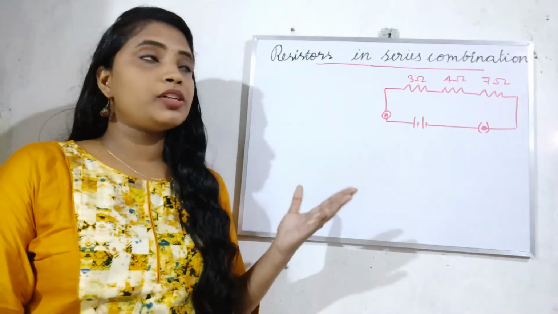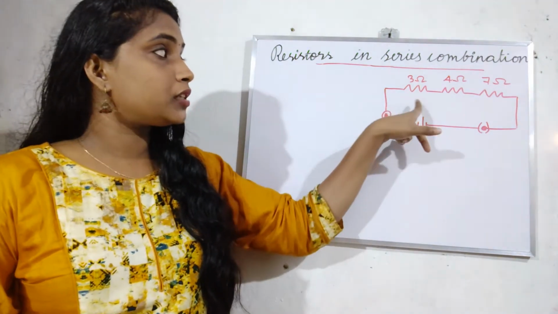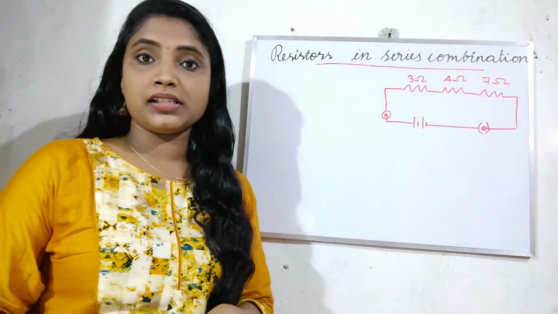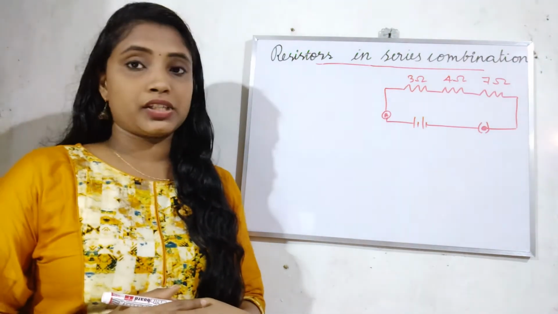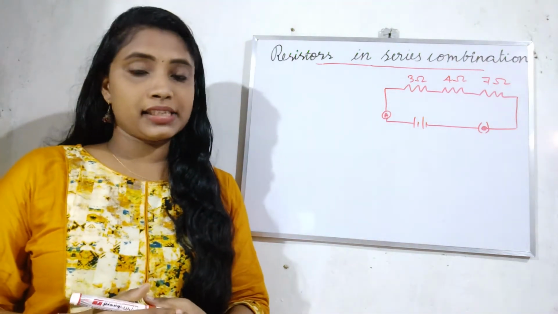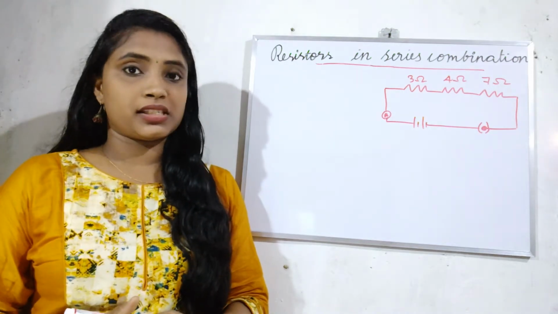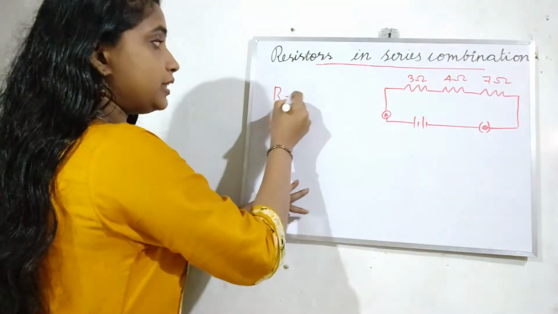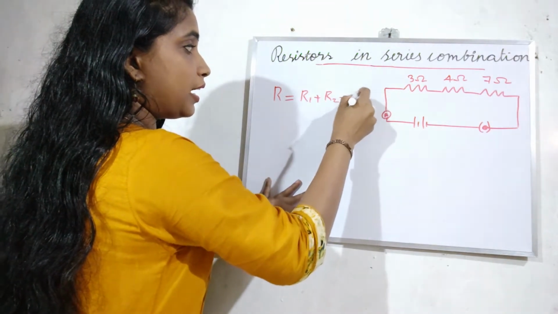We have a small circuit with three resistors in series combination. The first resistor has a resistance of 3 ohm, the second 4 ohm, and the third 7 ohm. Let's calculate the effective resistance of this combination of resistors. We know that if the resistors are connected in series, then the sum of the resistances will be equal to the total resistance in the circuit. So the total resistance R is equal to R1 plus R2 plus R3.